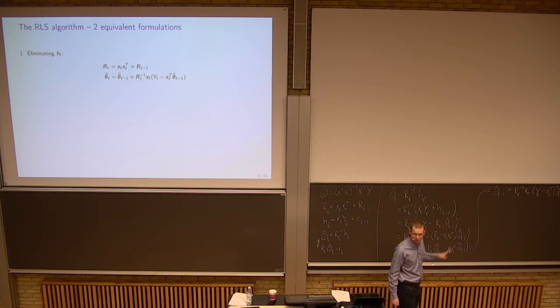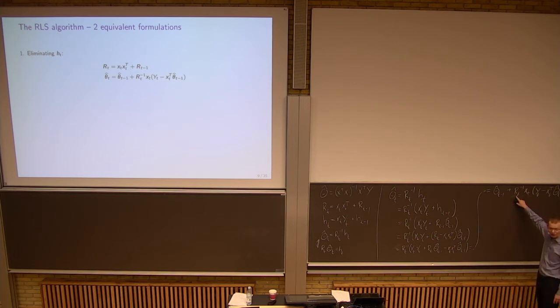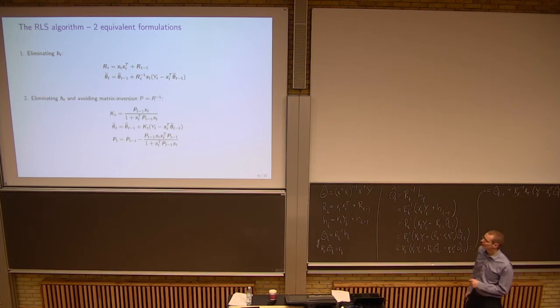Now, if we want to go further than this, for small models, it's not a problem to make the inverse of R all the time. It's a low number of calculations.